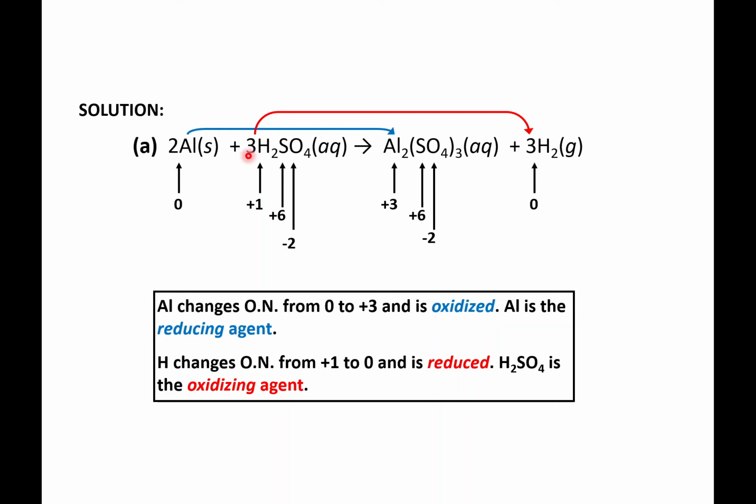So this is the oxidizing agent. And I should mention this right now in the problem set. When it's asking you what is the oxidizing agent, what is the reducing agent, it wants you to put in this whole molecule. So don't just put in hydrogen if it's asking for the oxidizing agent. Put in H2SO4. That's what it wants, okay?